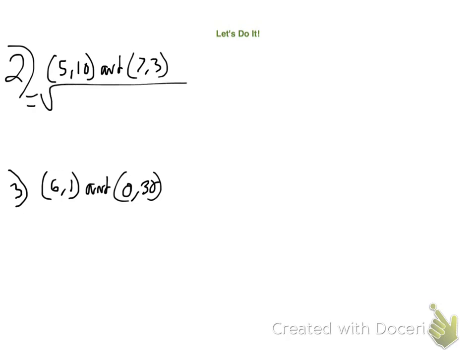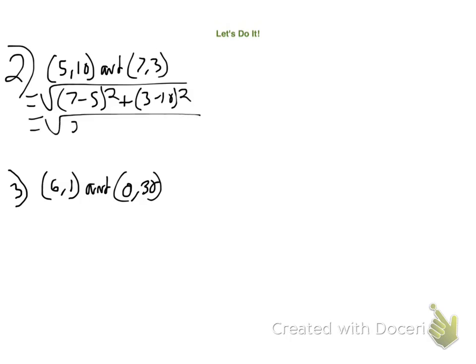So the square root, we have x sub 2 minus x sub 1, so 7 minus 5 squared, plus 3 minus 10 squared, right?